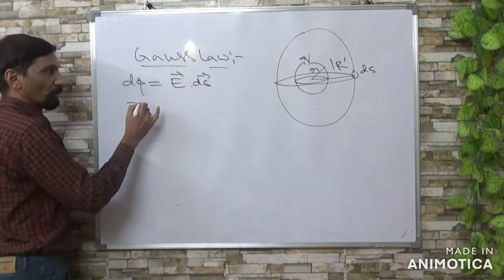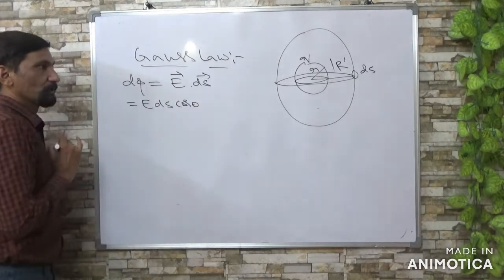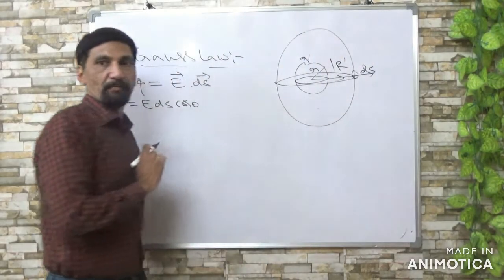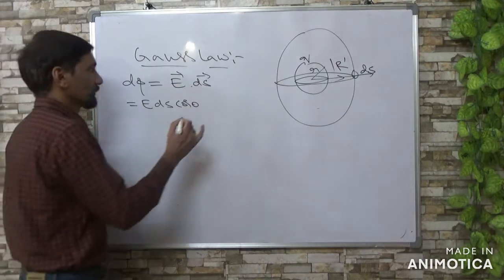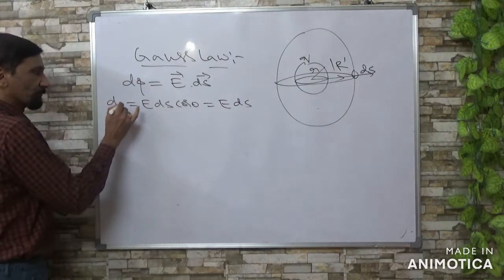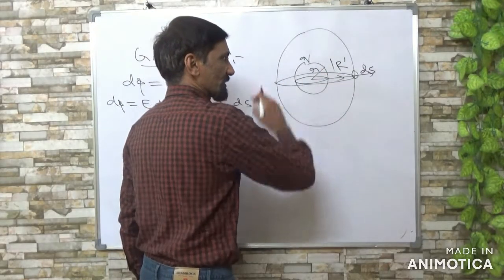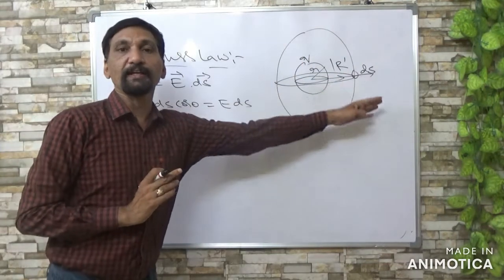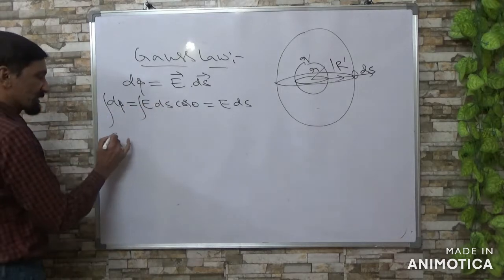That is nothing but E ds cos 0, because the electric field strength and the surface are in the same direction, so the angle between them is 0, cos 0 value is 1, so it is E ds is d phi. But you want to find the total flux. So you have to integrate on both sides. So integral d phi is phi.